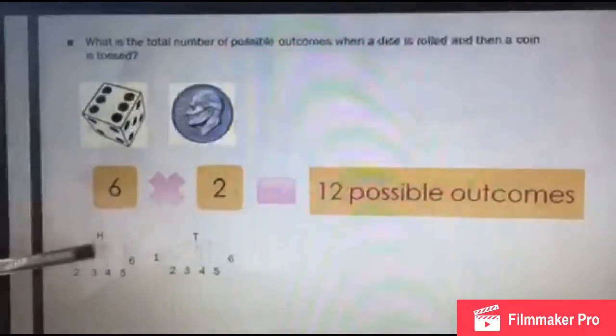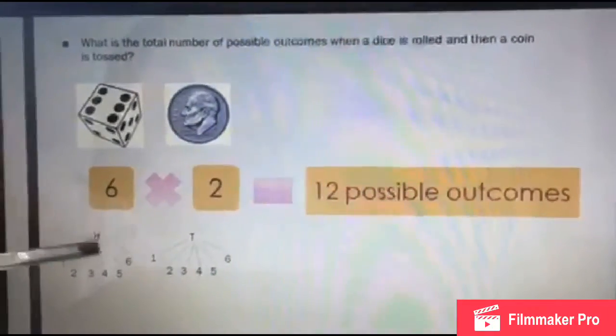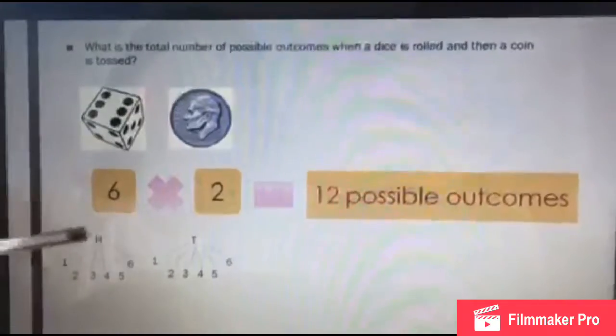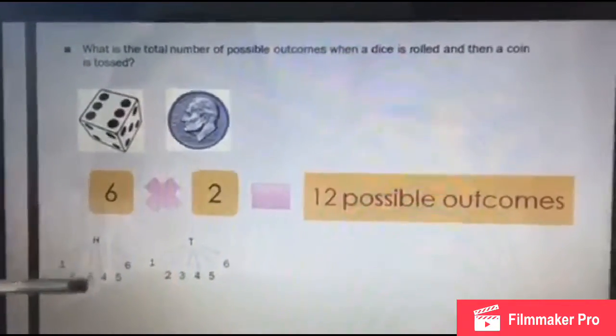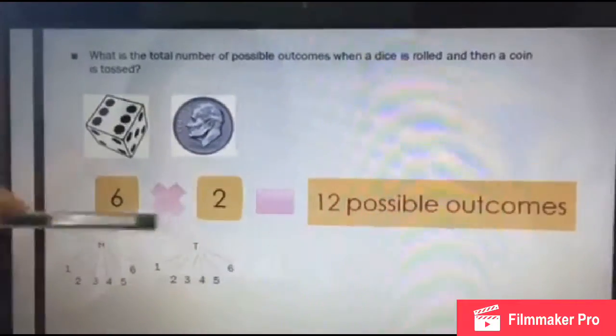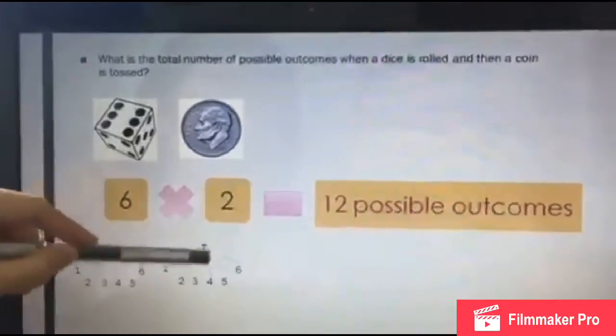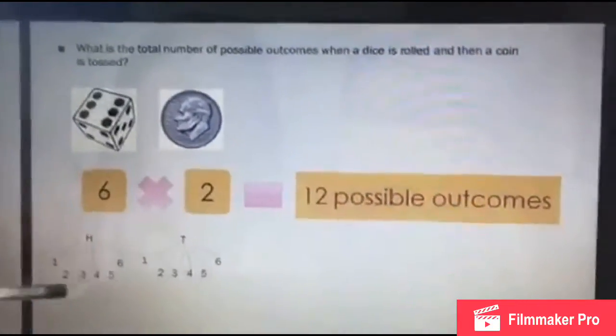So here, this is a tree diagram. H for heads and T for tails. H1, H2, H3, H4, H5, H6, T1, T2, T3, T4, T5, and T6.